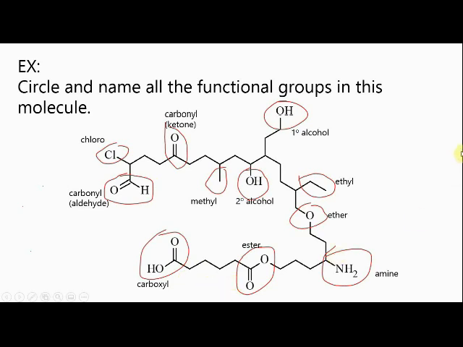Okay, and so this is another exercise that I often ask on tests and quizzes. Can you identify all of the functional groups? A compound like this, for various reasons, probably wouldn't exist in nature. We draw this hypothetically simply to illustrate what all the functional groups are and ask you to name them and identify them.